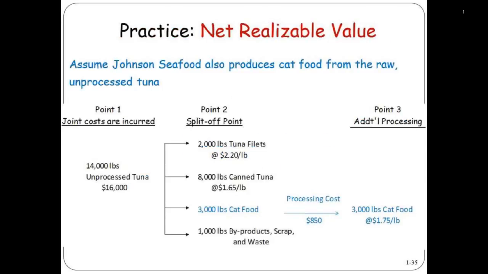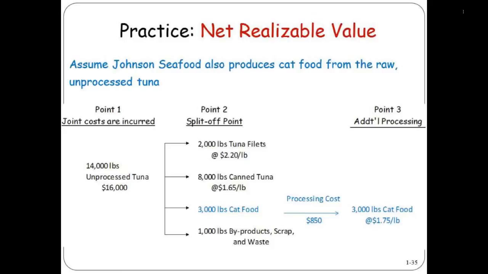You have your tuna fillets, you have your canned tuna, and then you have your cat food. That 4,000 pounds that we didn't talk about before, 3,000 of those pounds are good enough to convert into cat food.